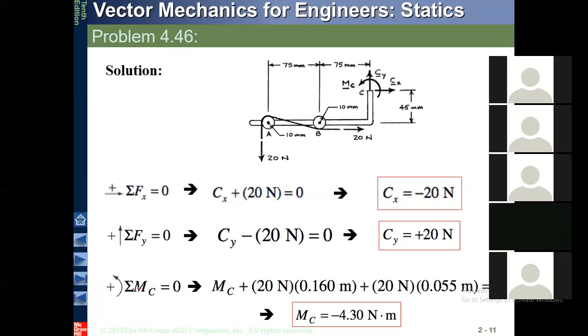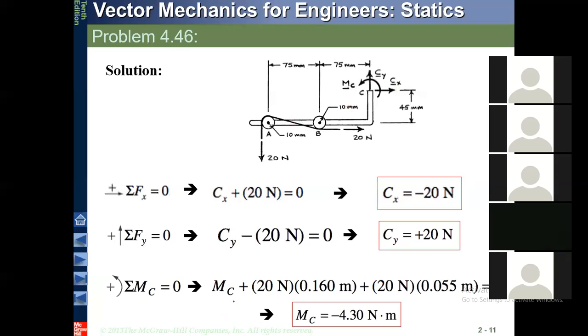So you take the moment around point C, and you get MC. It is a counterclockwise moment. Well, we assumed this to be counterclockwise, so it doesn't really matter. You could actually get a clockwise moment, but at the end you're going to get the same answer.